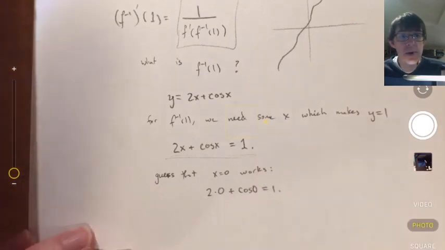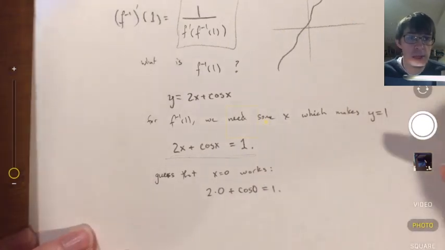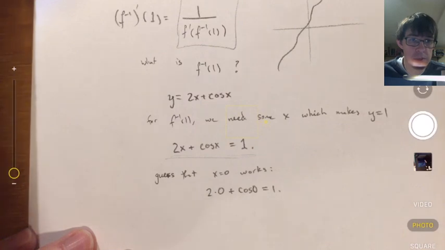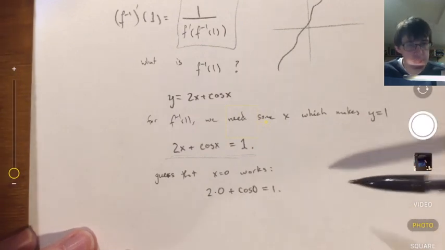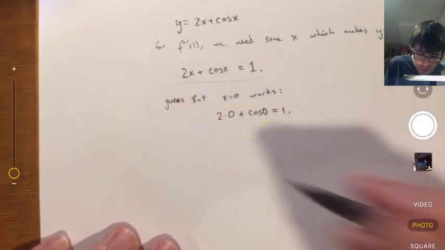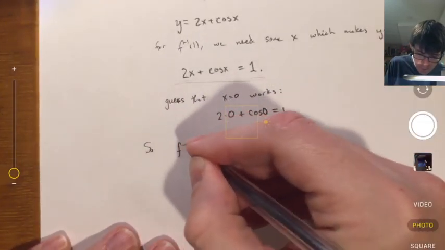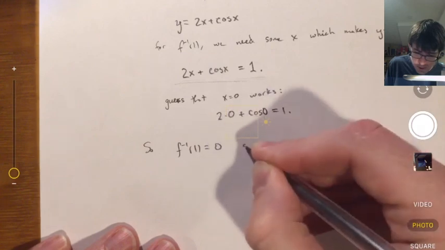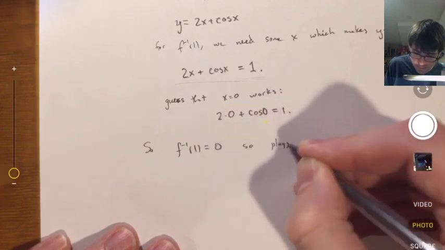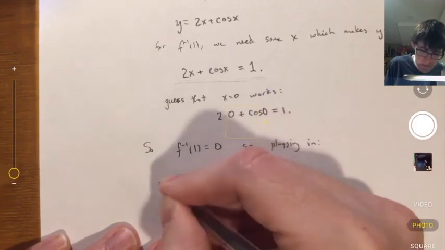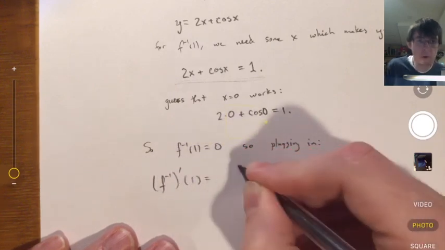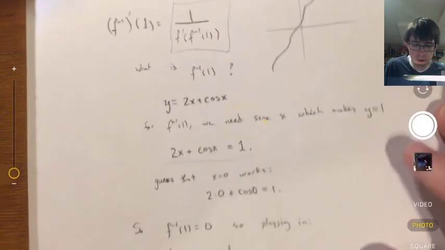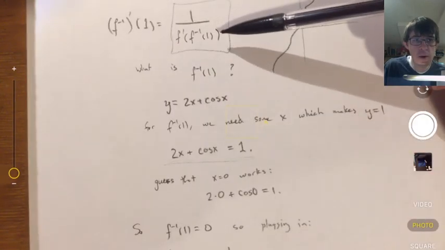In a typical example, this is the hard step. It happens to be easy just because the natural guess, x equals 0, actually works here. You could get lucky. Anyway, that means f inverse of 1 is 0. So plugging in, f inverse prime of 1 equals 1 over f prime of f inverse of 1, but f inverse of 1 is 0.